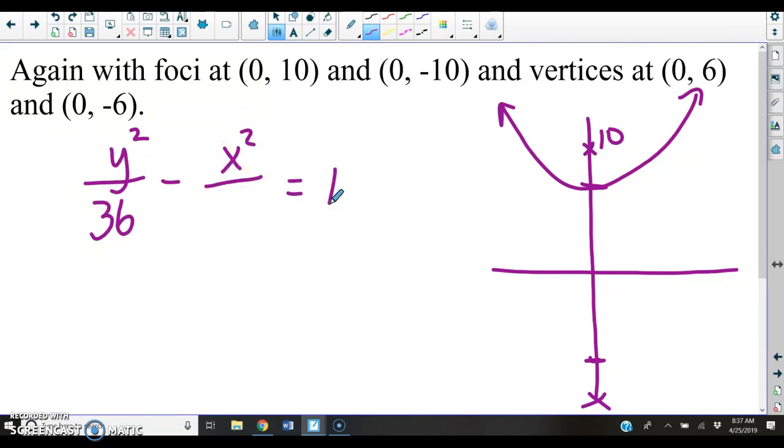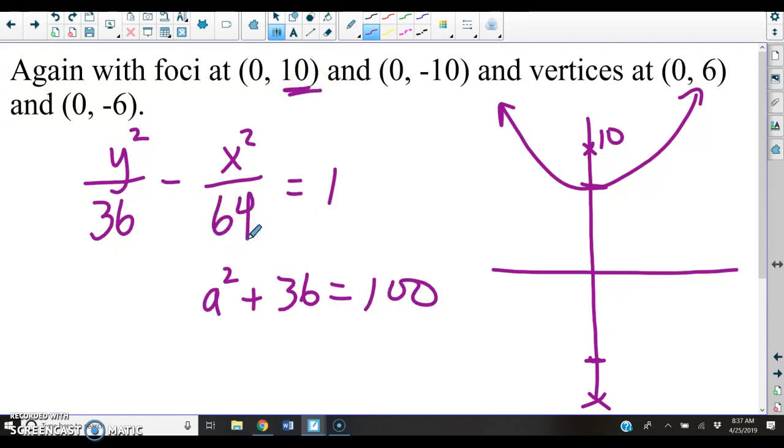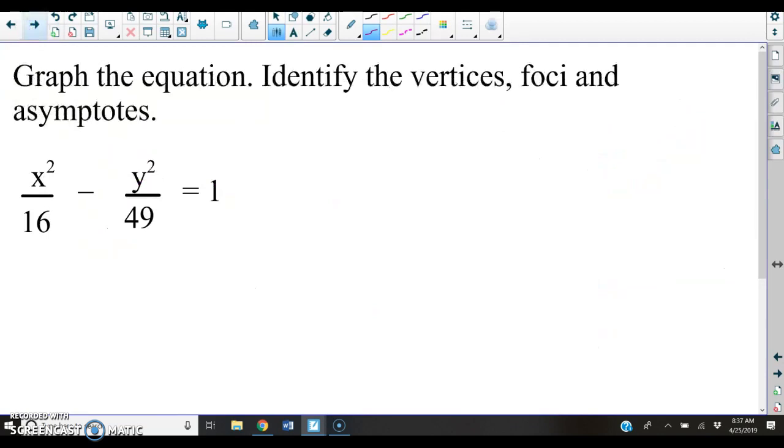And again, it's Pythagorean theorem. I got a squared plus 36, that's b squared, equals c squared, so 100. That's going to be 64. And I could go back, find my slopes of my asymptotes, and so on. Once I have the equation, I can do so many more things with it.